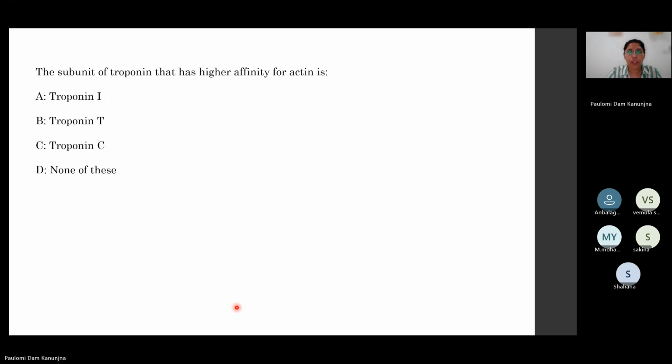Okay. Now I said, remember, there was mechanism of how this contraction takes place. So you would have come across this term there, troponin. So let's just first discuss the questions, and then at the end of these MCQs, we will have the discussion on how does that mechanism take place. So you remember troponin. So you have to tell me which subunit of troponin had higher affinity of actin, and that will make you imagine what's exactly the mechanism.